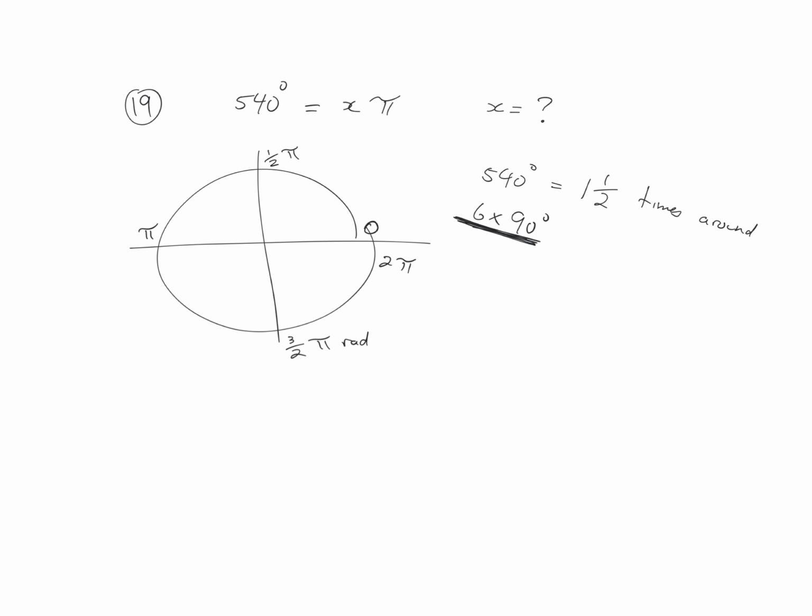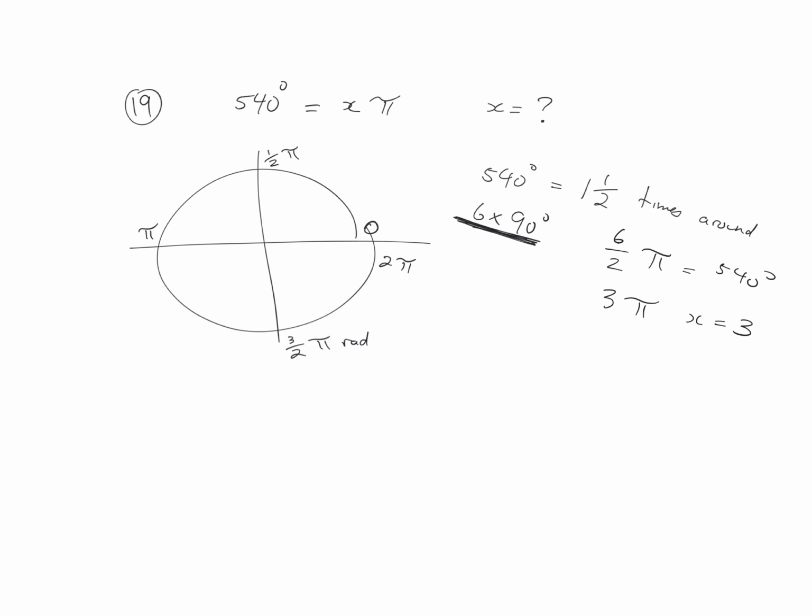We have 1 times 90, 2 times 90, 3 times 90, 4 times 90, 5 times 90, and 6 times 90, which means we have 1/2 pi, 2 halves pi, 3 halves pi, 4 halves pi, 5 halves pi, and 6 halves pi to get to 540 degrees. 6 halves pi is 540 degrees, and so it's 3 pi. x is equal to 3.